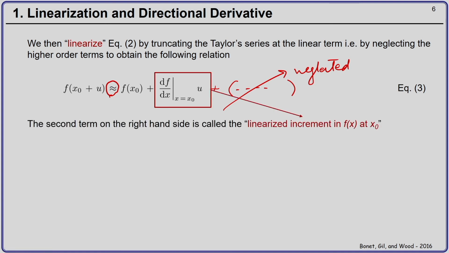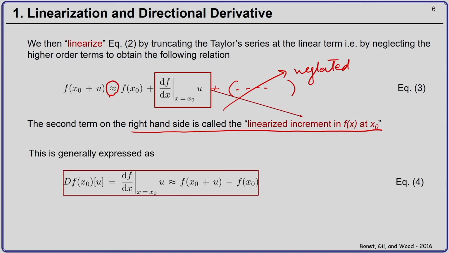So, this second term on the right hand side, the term in this red box, is called the linearized increment in f of x at x 0.